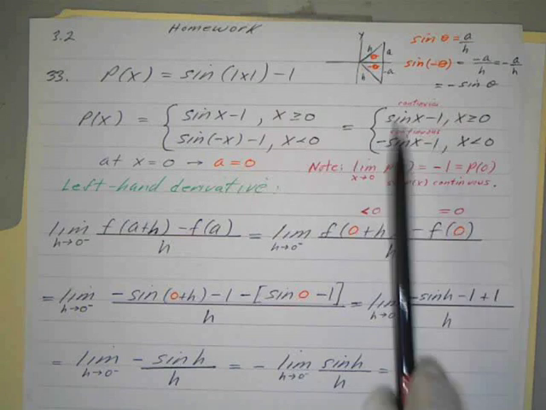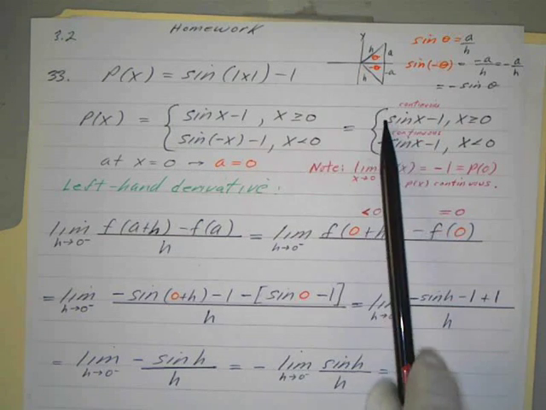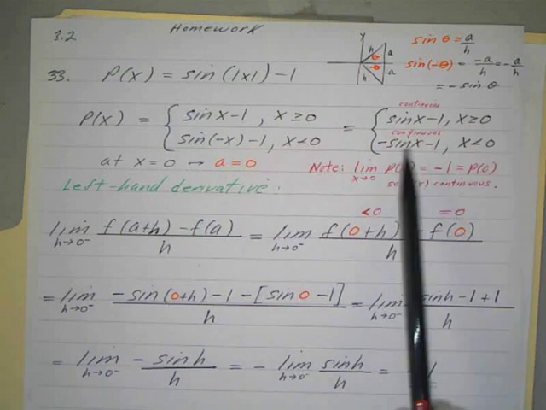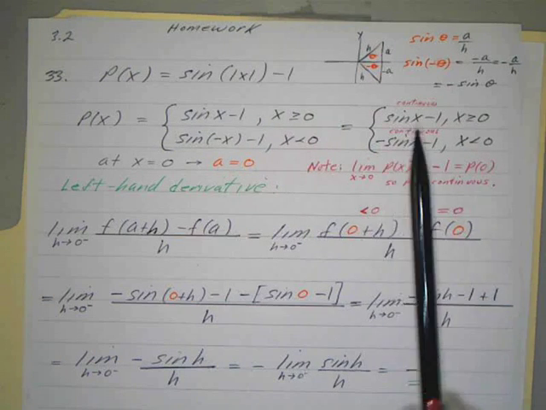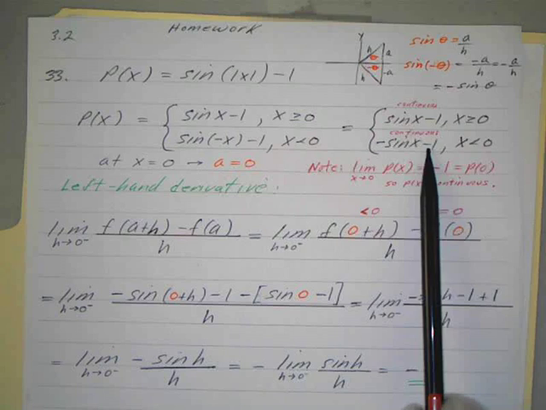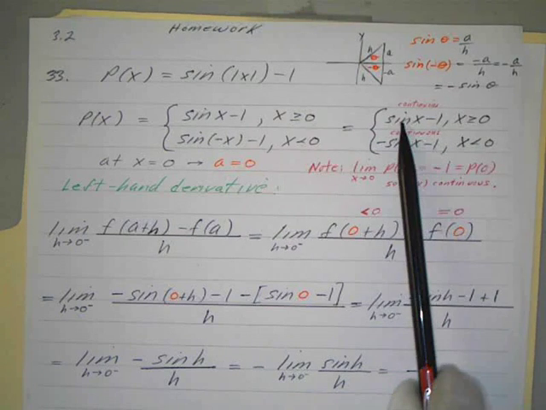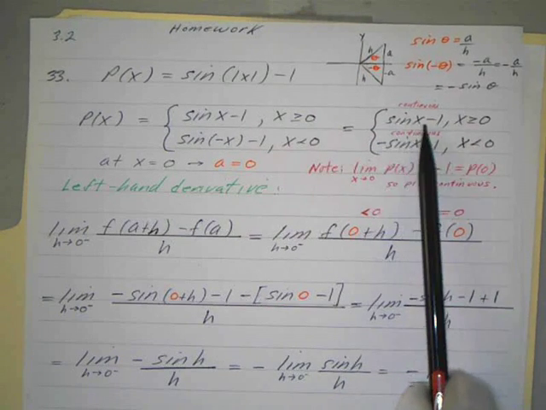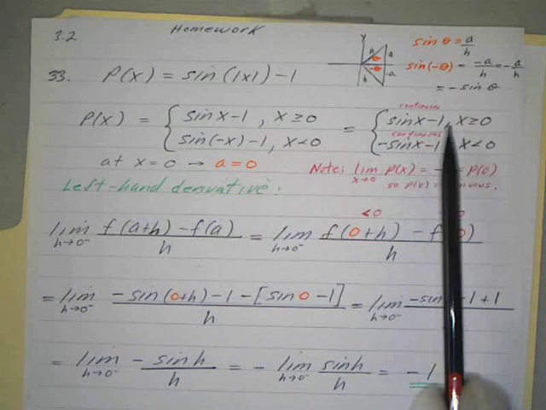If I take the limit of this function as x approaches 0 from the left, I'm going to have negative sine of 0, minus 1, which is negative 1. As x approaches 0 from the right, I'll have sine of 0 is 0, minus 1 is minus 1.